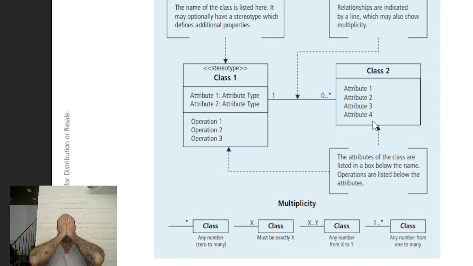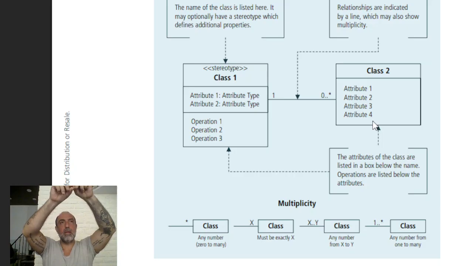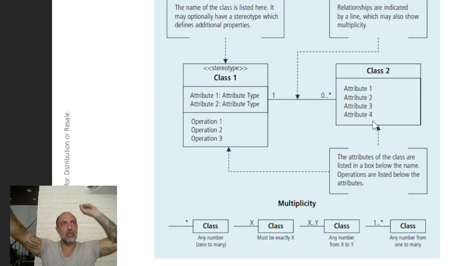When it comes to a class, the relationship is determined based on the diagram itself, as in there's a one-to-one, one-to-many, zero-to-one, or zero-to-many. And there's also many-to-many, by the way.